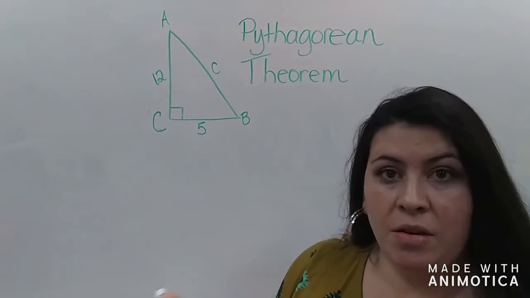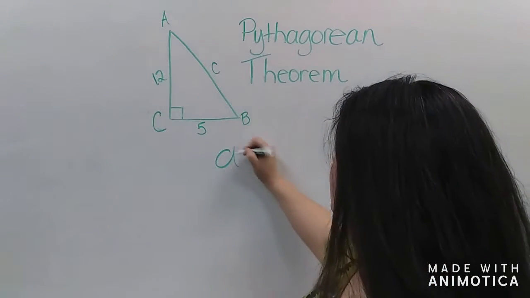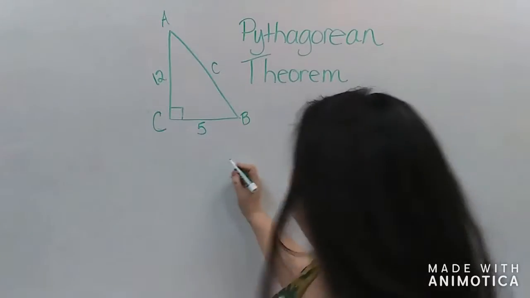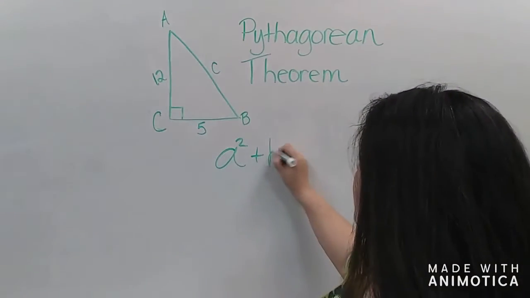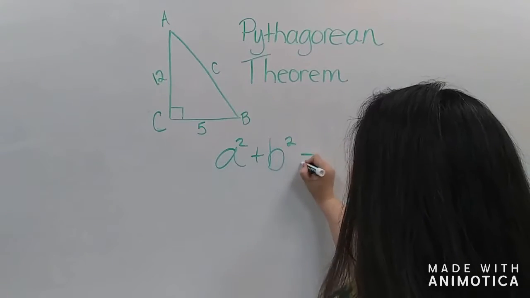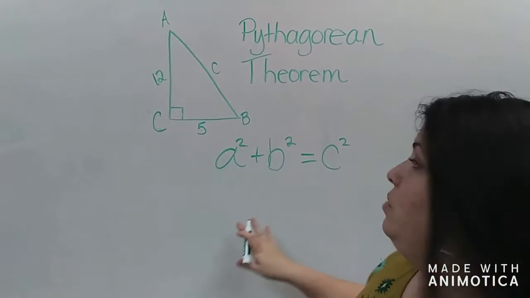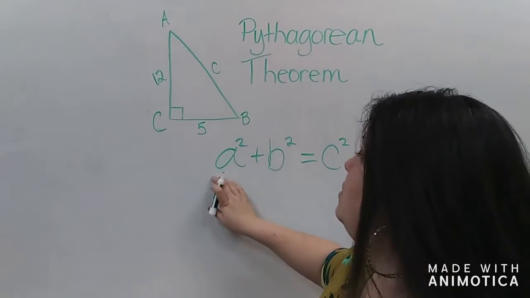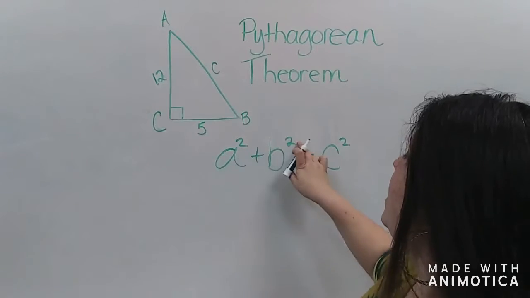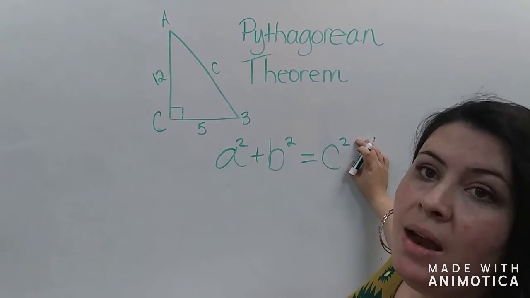The standard version of the Pythagorean theorem is A squared plus B squared equals C squared. Whatever letters you are using for this theorem, the most important thing is that the sum of the squares of the sides is equal to the square of the hypotenuse.